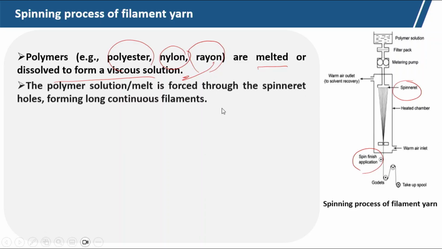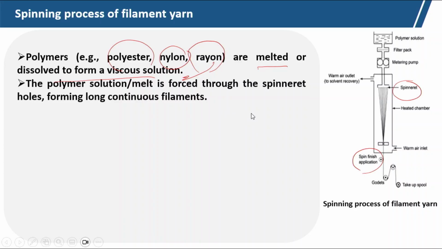The polymer solution or melt is then forced through the spinneret. Thermoplastic fibers like polyester and nylon are melted from chips, and the molten polymer is forced through the spinneret. On the other hand, for viscous fibers, a viscous solution is formed and forced through the spinneret.